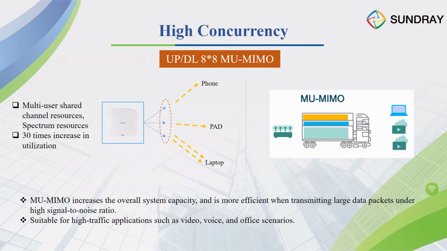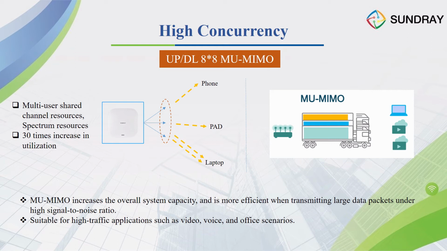And then is high concurrency. High concurrency means we can handle more concurrent users with higher speed. First one is MU-MIMO, 8x8 MU-MIMO. Also remember that this is for both uplink and downlink. In Wi-Fi 5, we only support downlink MU-MIMO. We don't support uplink MU-MIMO.